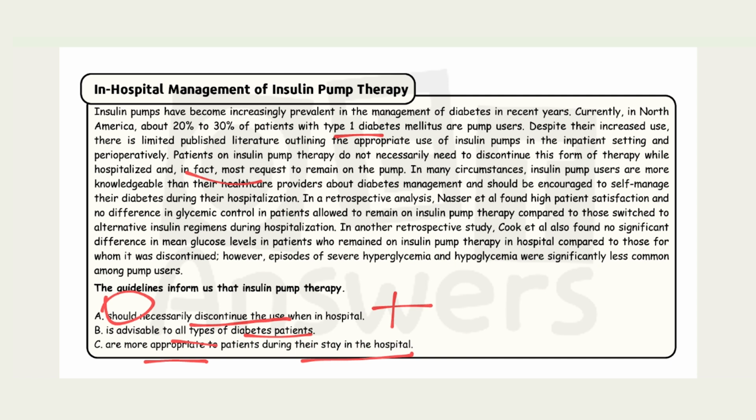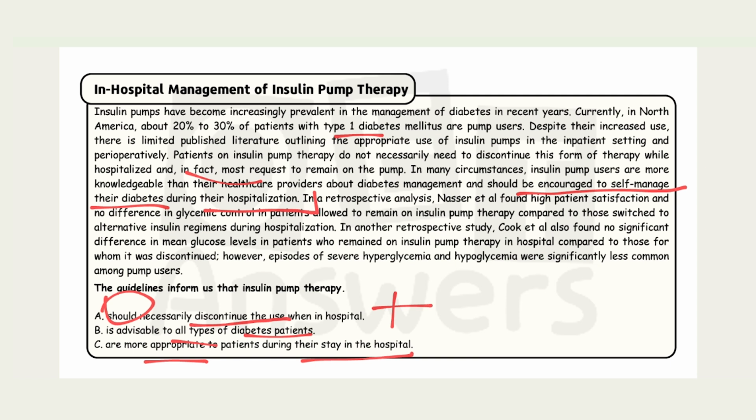By comparison with the nurses and other persons, the person using the insulin pump has more idea about it because they are handling it every day, right? They should be encouraged to self-manage their diabetes during hospitalization. So during the hospital stay itself, we can ask them to manage by themselves.